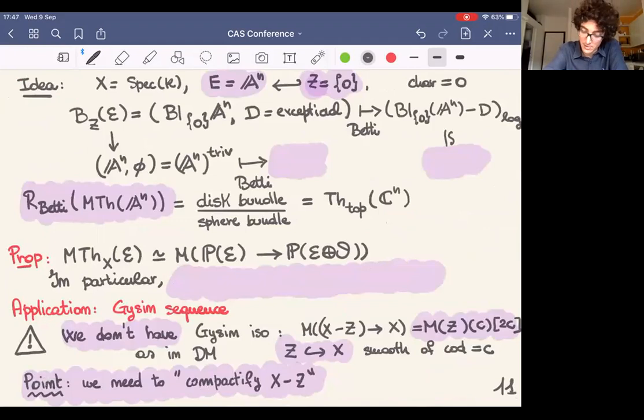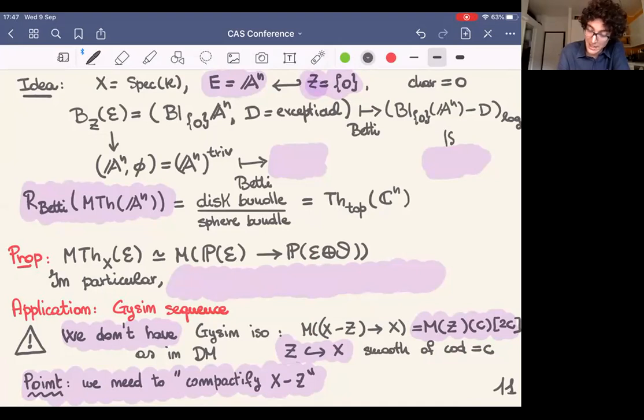So if, for example, X is equal to spec K and E is just a trivial bundle, then Z, the zero section, is just 0 inside A^n. Let's say that we are in characteristic 0, for example. So this BZE is the blow up of A^n at the origin, and there is no log structure on X, so we only have the exceptional divisor as a boundary.